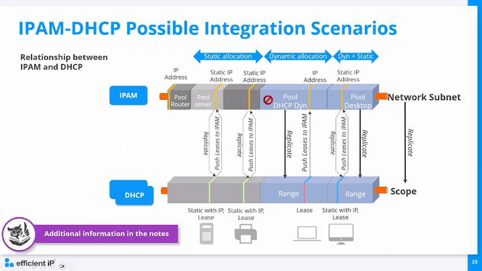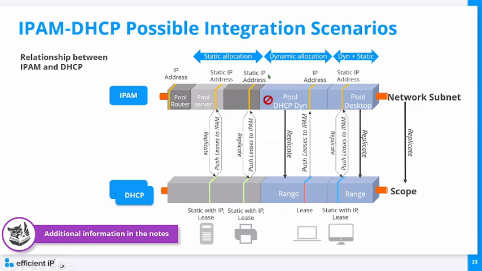Okay with this? Now, outside the range, outside the pool in the subnet, you can take one of the IP addresses in the subnet that is not used in any pool, and you can create a static IP. You can see this static IP is created using an IP address in a subnet that is not in any pool.